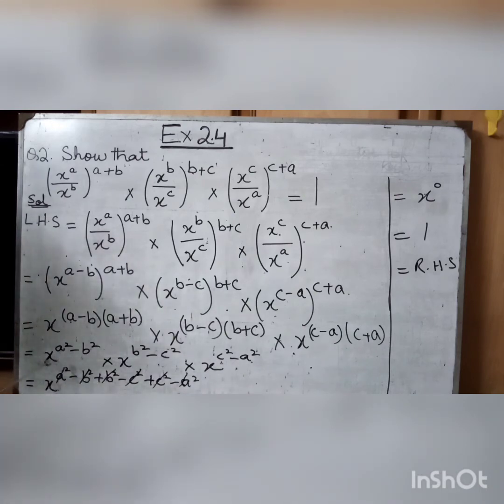Again, using the laws of indices, we have x raised to power a square minus b square plus b square minus c square plus c square minus a square. After simplification, we have x raised to power 0, which is equal to 1, and this is equal to right hand side.